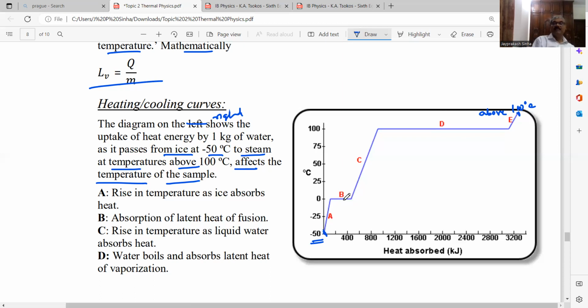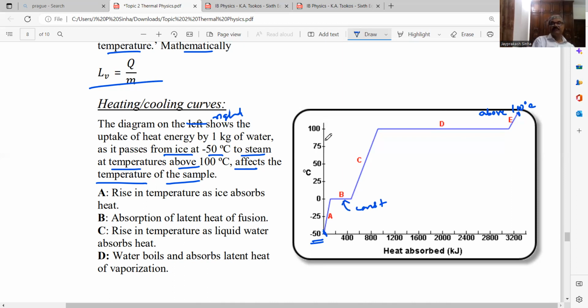This melting process continues until the whole ice is melted. At this point there is no rise in temperature, which is why this line is parallel. The line is constant, showing that this occurs at constant temperature.